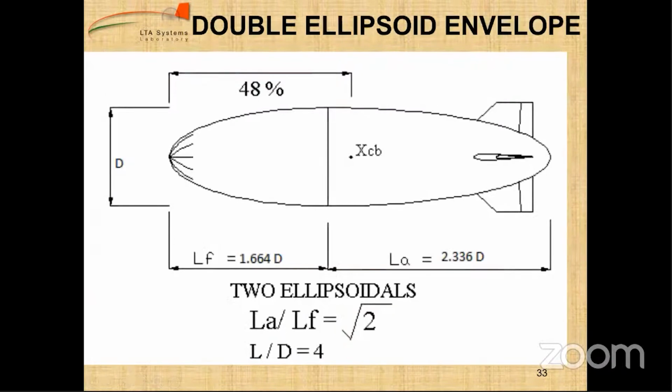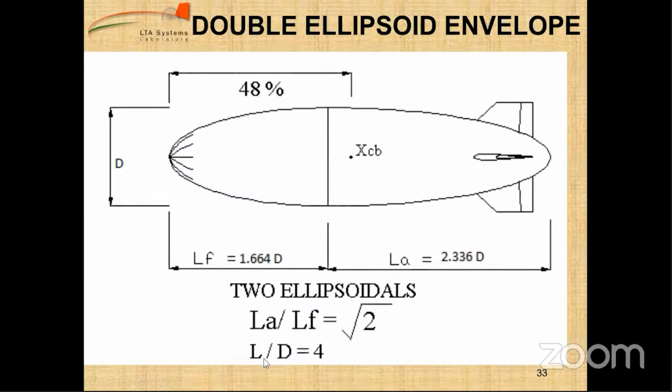You can see that the ratio of the length of the aft portion to the length of the front portion will be √2. The overall length to diameter ratio is 4. When you combine the length of the front portion and the length of the aft portion, 1.664 plus 2.336, it comes to 4.